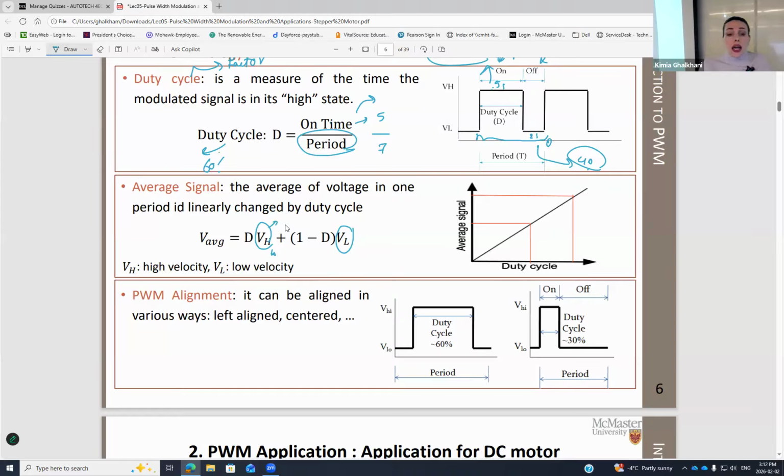Make sense? So now when I say VH, suppose I'm starting from 0, if this is 5 volts, this is going to be your VH, the maximum voltage for this device. And what is the minimum voltage? Most of the time, if you look at a battery, the minimum voltage couldn't be 0, because discharging a battery to minimum voltage interrupts the chemical reaction inside the battery and will ruin it.